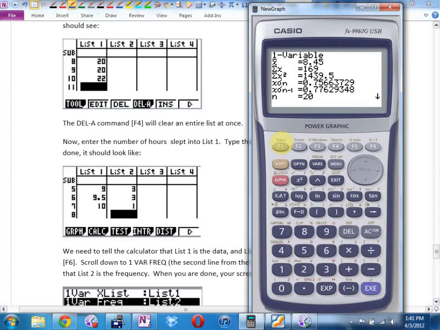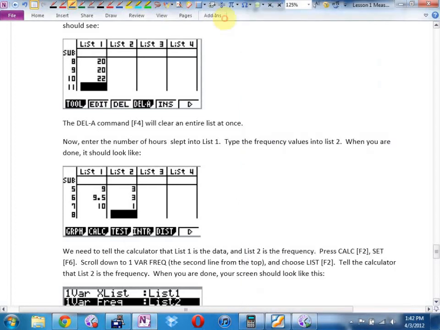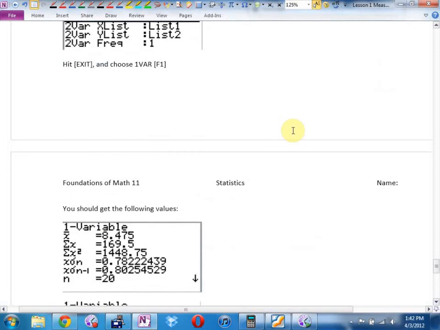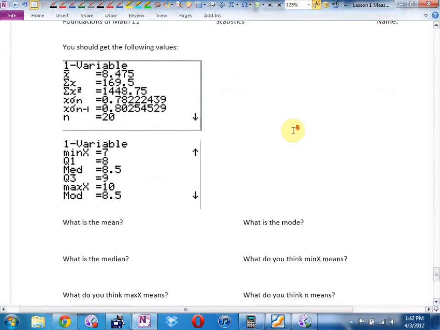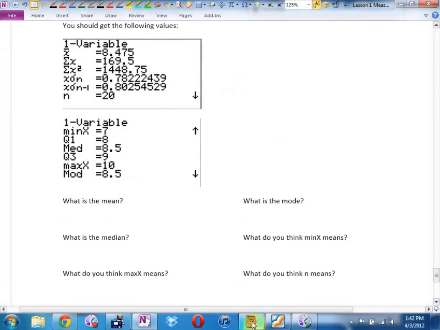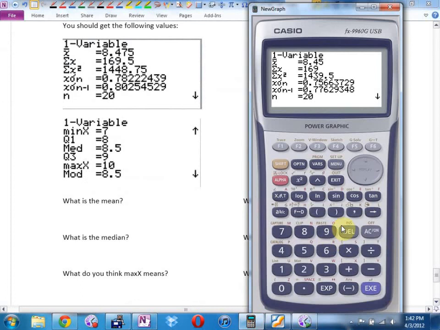Yes? Liam, no, yes, no? Yeah? Okay. In our notes, scroll down, we should get the following variables. Am I missing one, Mr. Dueck? You guys have 8.45 or 8.475 on yours? 8.45?